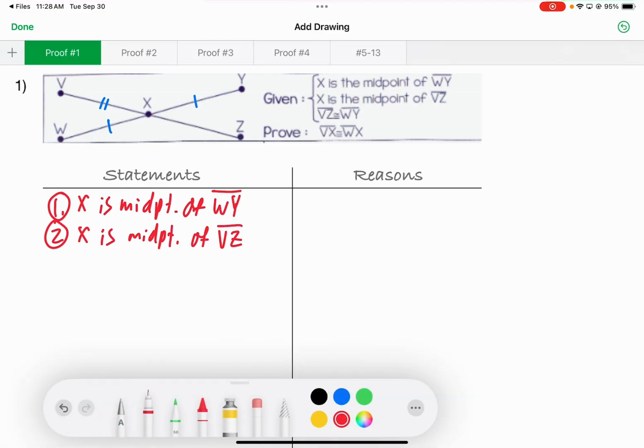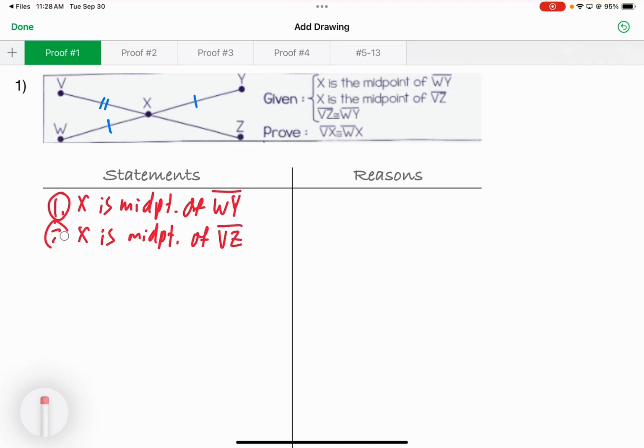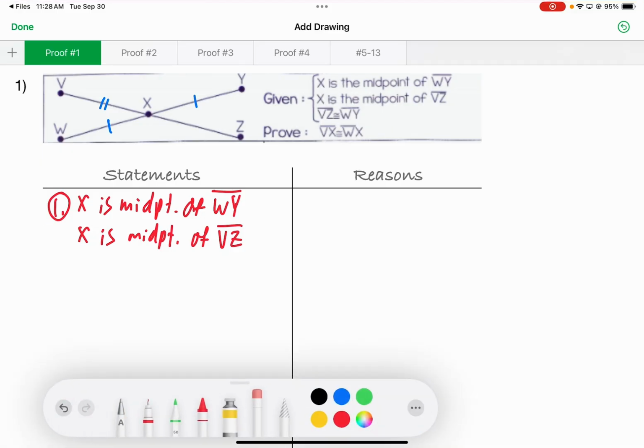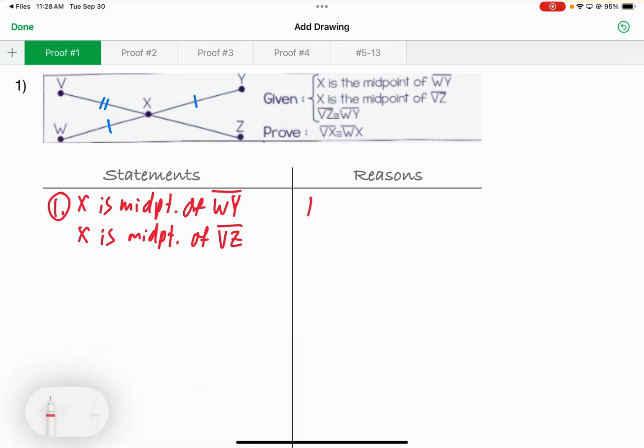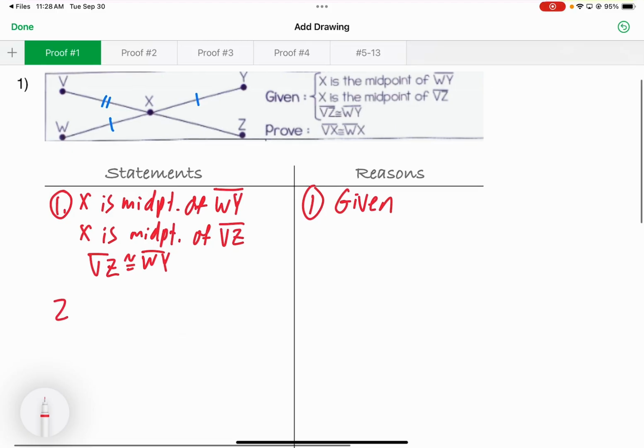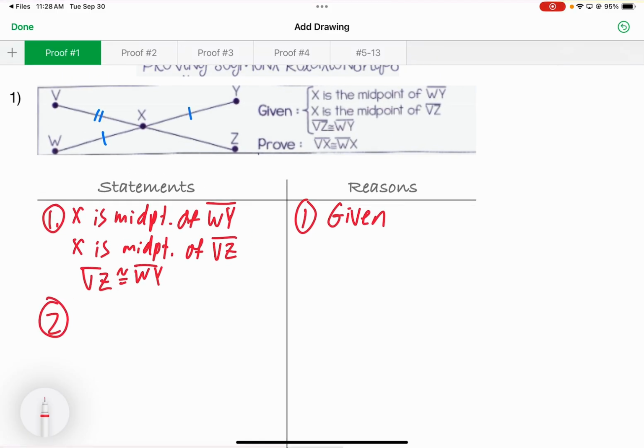Why did I do that as step 2? One step. Given. Oh, wait, and we're missing one, right? VZ. I missed that one. It's a pretty important one. Yeah, we definitely need that to prove them.